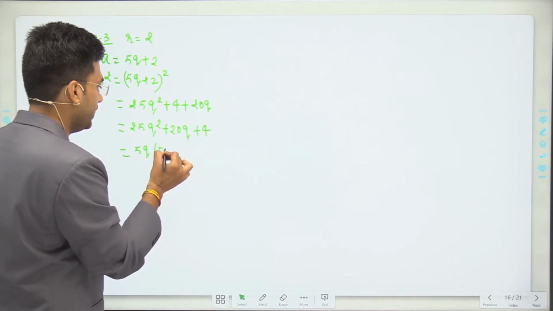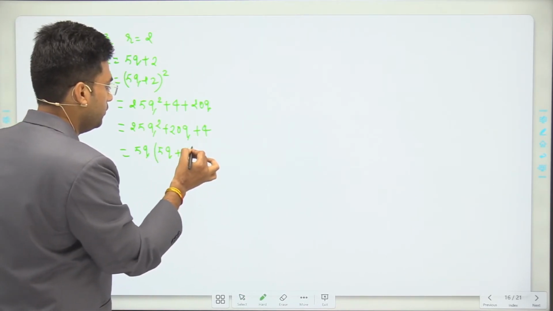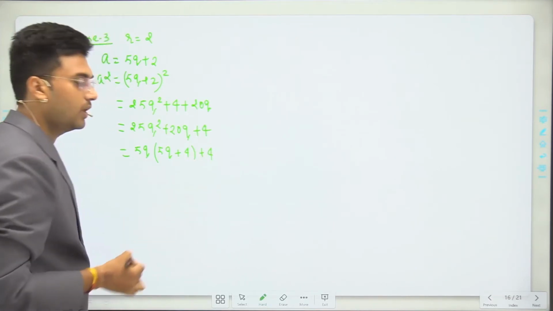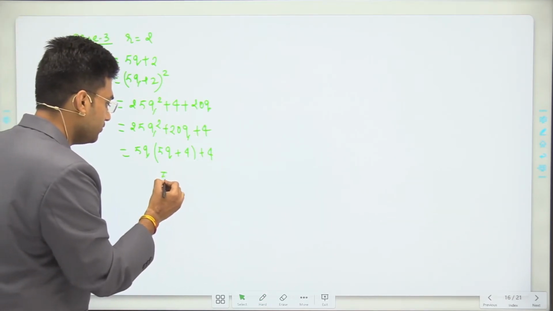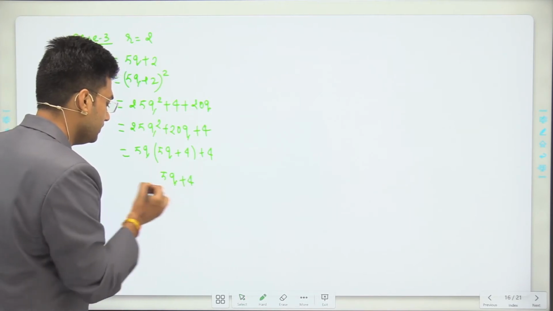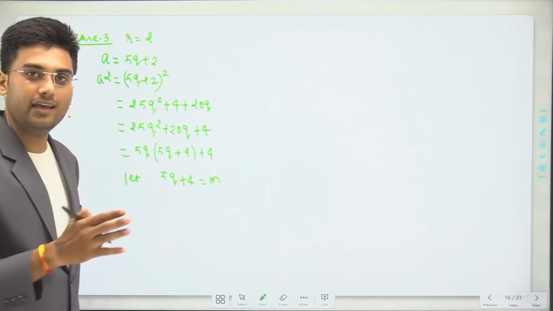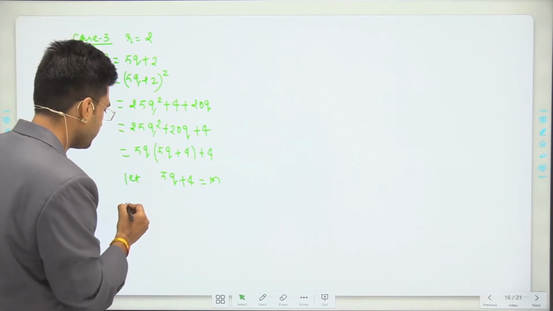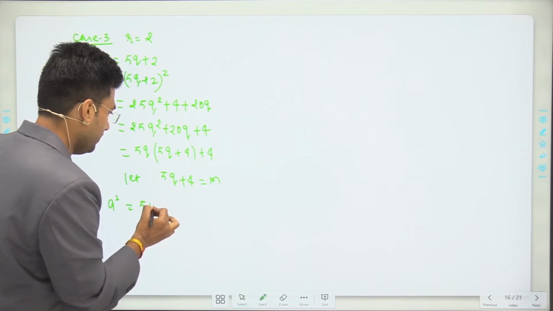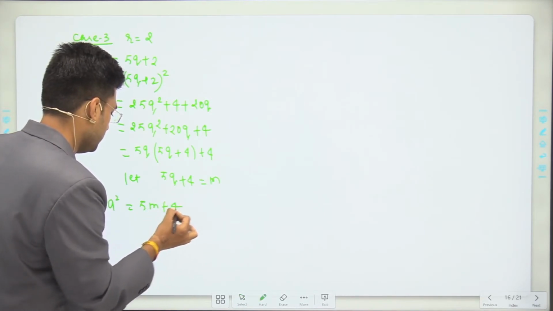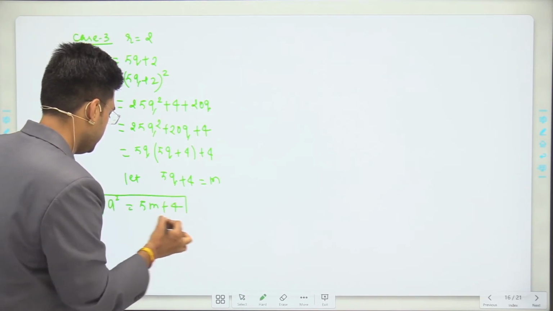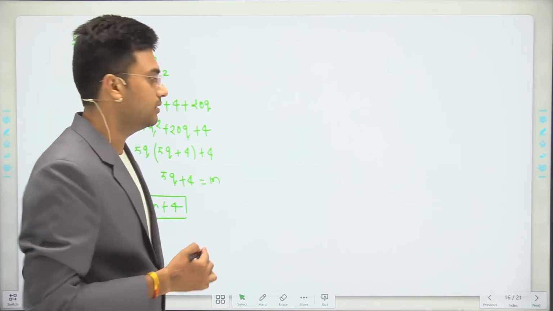We will get 5 times 5q plus 4, plus 4. Now this 5q plus 4 is equal to m, and again m is an integer. So a square is equal to 5m plus 4.